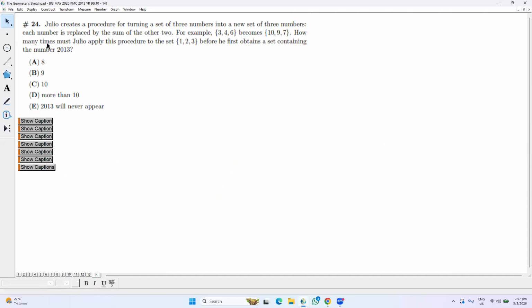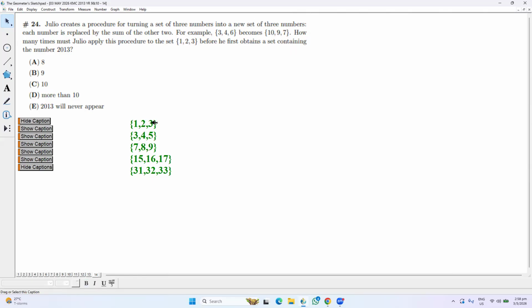How many times must Julio apply this procedure to the set 1, 2, 3 before he first obtains a set containing the number 2013? Is it 8 times, 9 times, 10 times, more than 10 times, or 2013 will never appear? So we try to form a few cases.